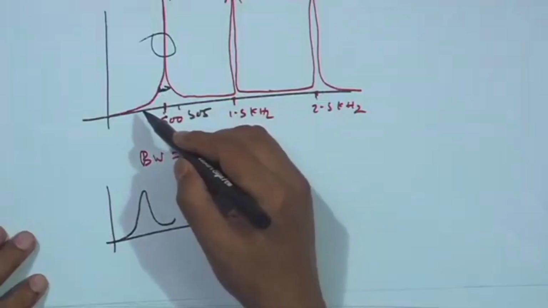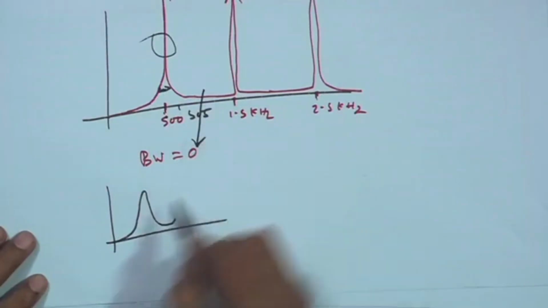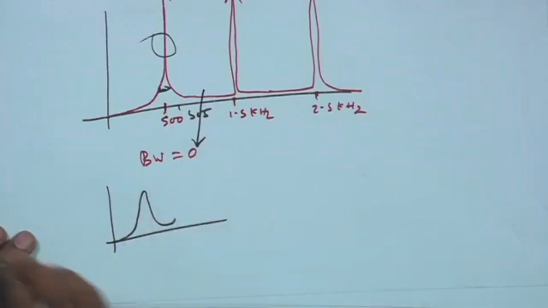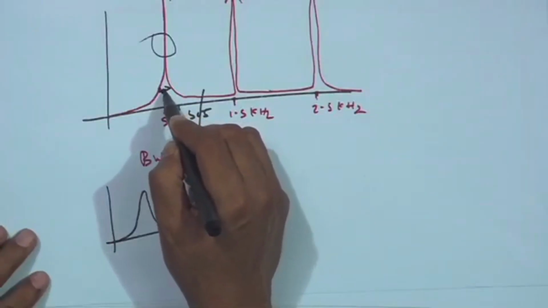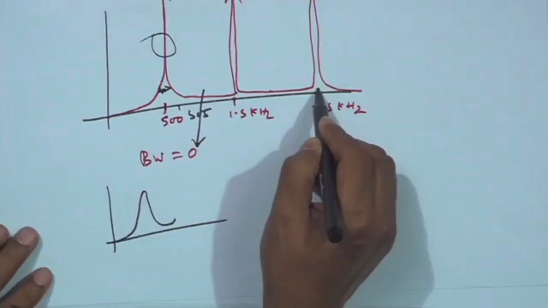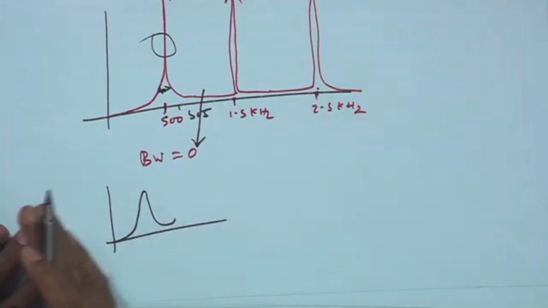So, ultimately, if I consider the losses, instead of zero bandwidth, infinite impulse at every resonant frequency, it becomes a finite bandwidth with the formant slightly shifted in the higher direction.